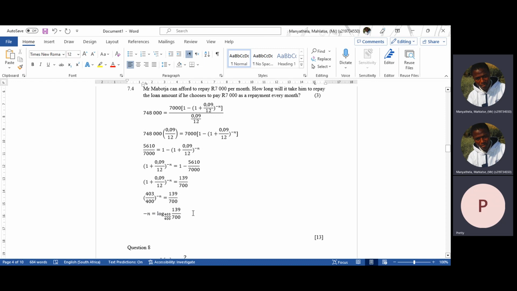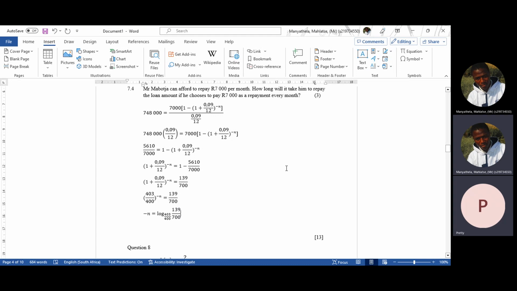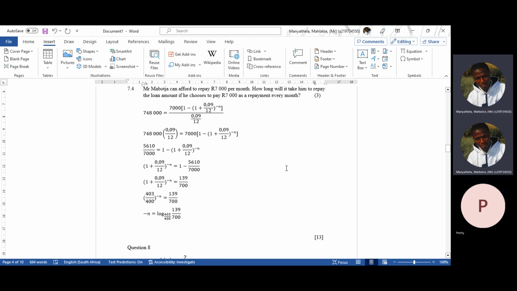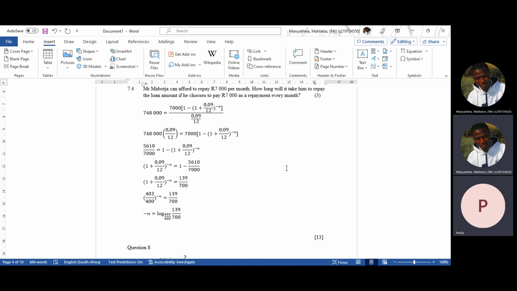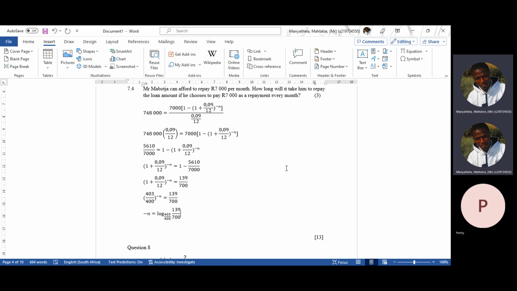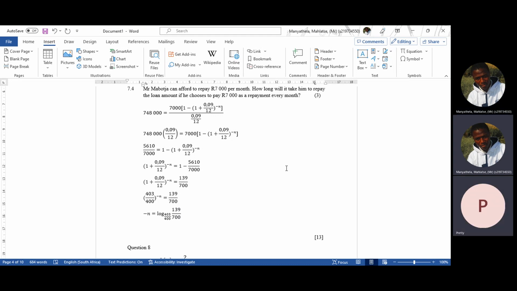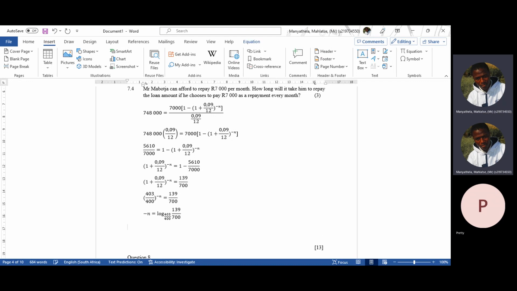Punch it on a calculator, but you have that log, the one that looks like this one. Yeah, I do have, but it's the one that was giving me a problem last time. Okay, if I do 403 over 400 and then 139 over 700, tell me if you get this number.